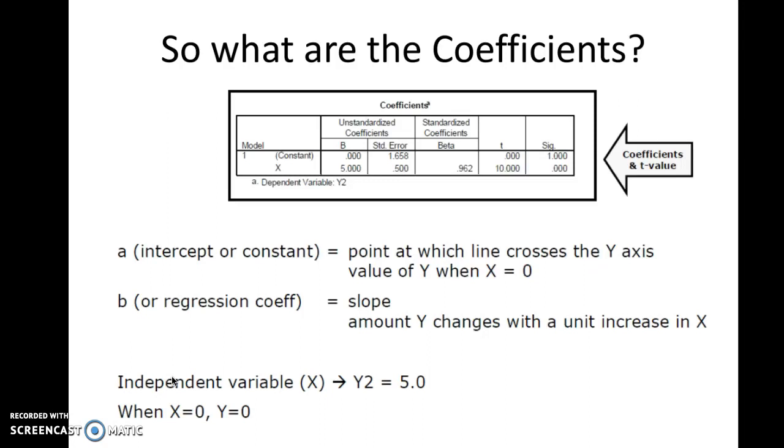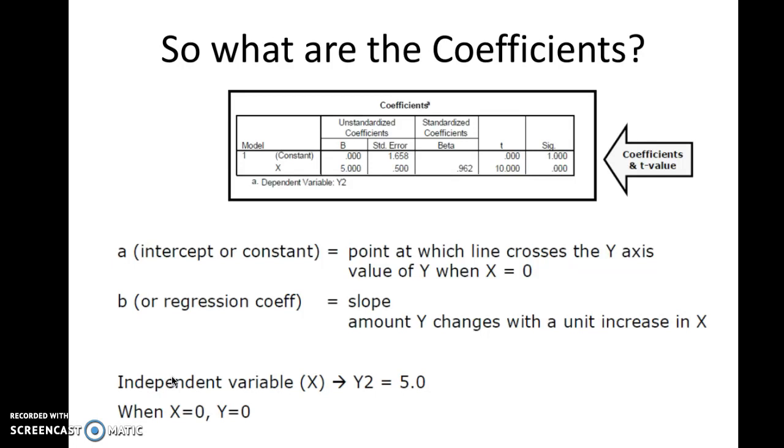We also have b, you see a big capital B inside that box. That's the slope, so the amount y changes with an increase in x, and it's always an increase. And then we have the significance level, right at the very end, the far right part of the box. Okay, those are the 3 things we use to write up when we get a result.